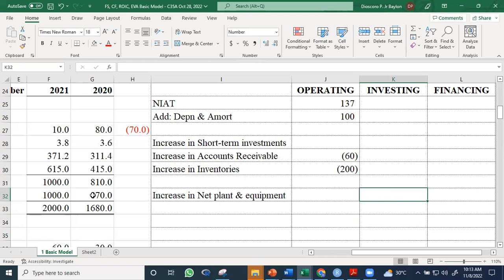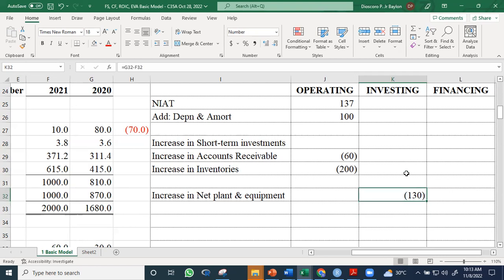Equipment increased from 870 to 1,000. So this is a use of cash. If equipment increased, it means the company bought more equipment, and that will be a use of cash. So this will be negative, and it will fall under investing.